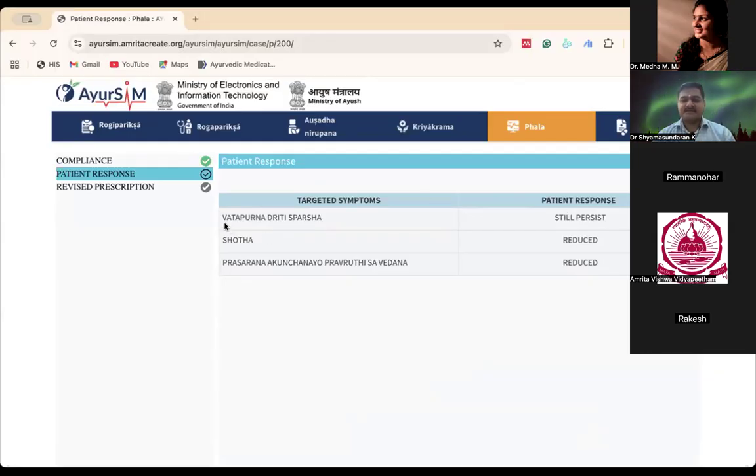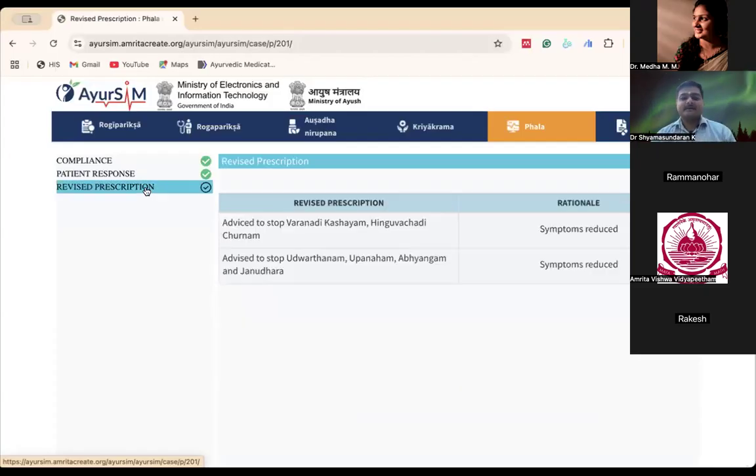So the patient is saying Vata Purna Dhriti Sparsha is still present, but the swelling has reduced. The Prasarana Akunchanayoho Pravritti Savedana, that is also reduced. So what is still persisting, you will concentrate on that particular symptom and give medicines accordingly.